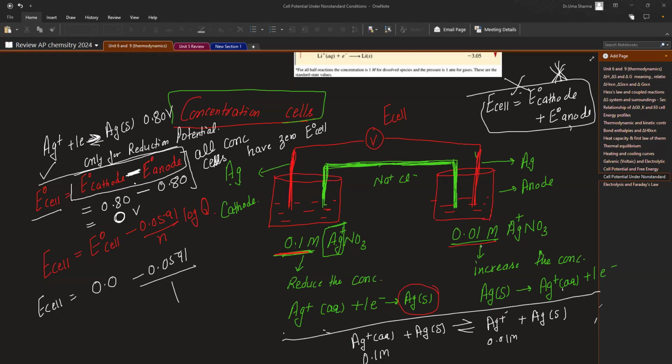But can you tell me what is log Q? What is Q? Can you get the Q? Work out the Q from this equation. Write down the balanced equation.